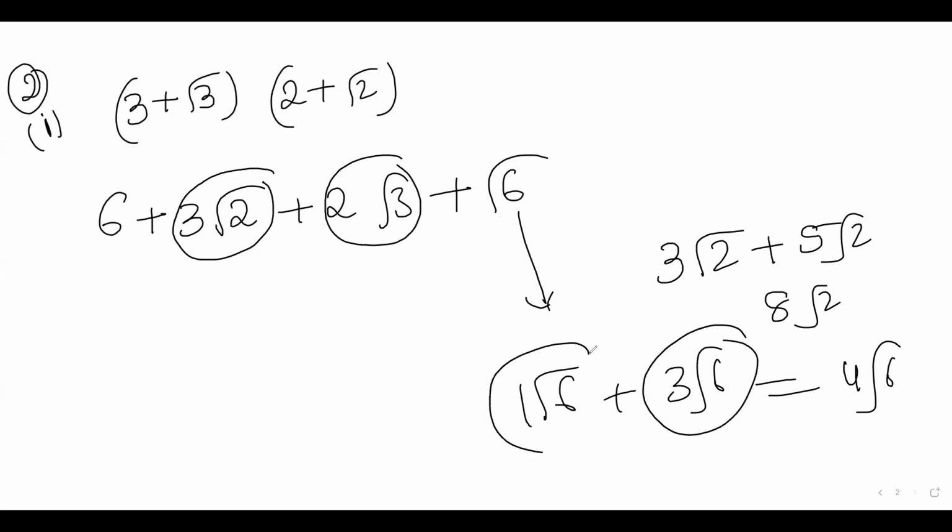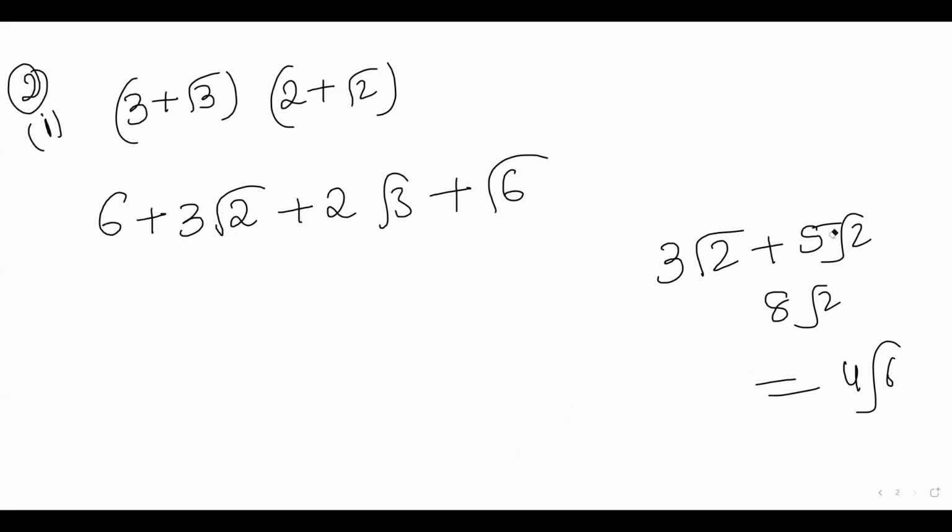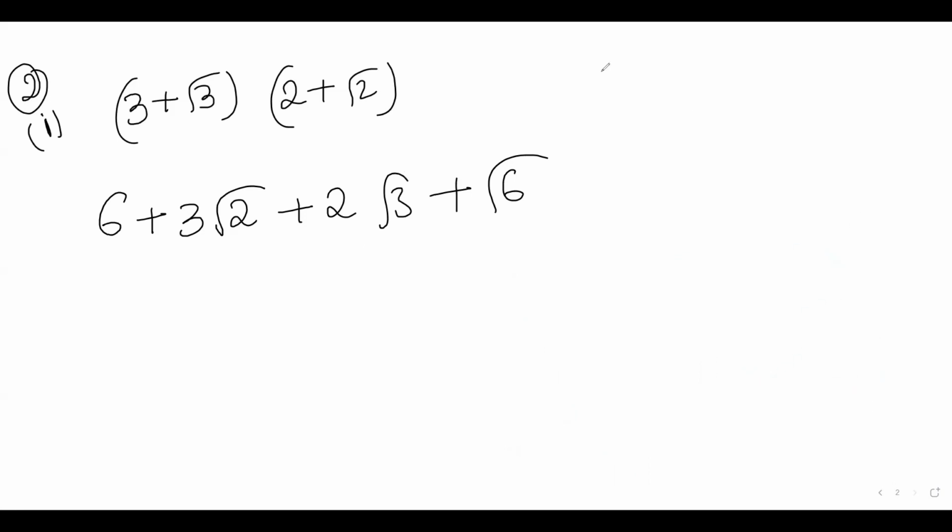Similar terms can be added. These irrational numbers are called surds. If they are similar surds, then only we can add. Here all are different, so we can't further simplify. You need to leave the answer over here. Is that okay? This is your final answer.